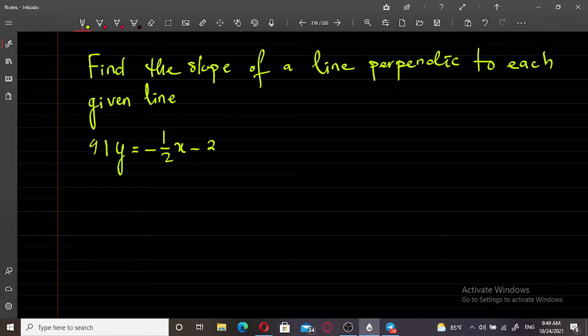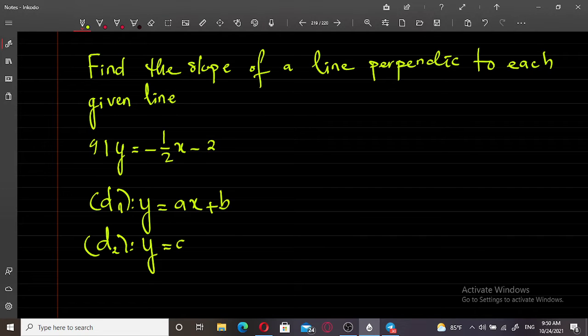You have to notice that if I have a line d1 with the equation y equal to ax plus b, and d2 with the equation y equal to a prime x plus b prime, then if d1 is parallel to d2, we get a equal to a prime.